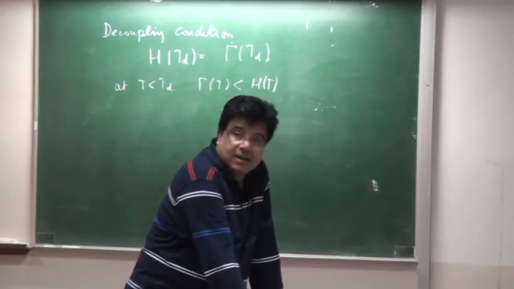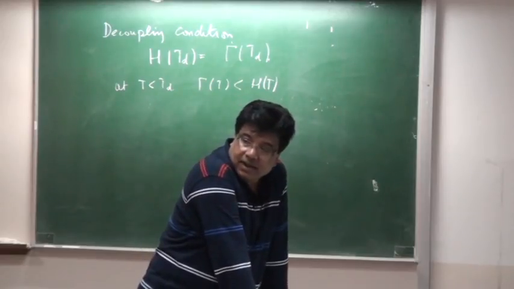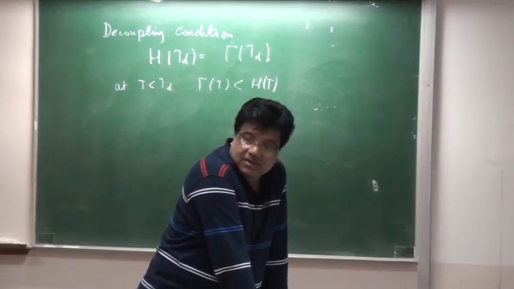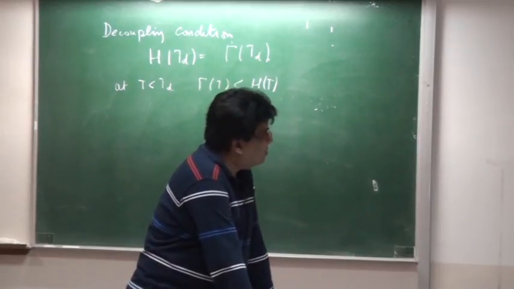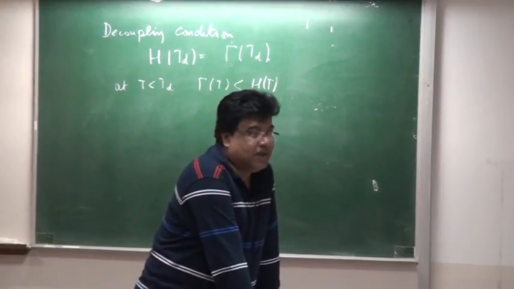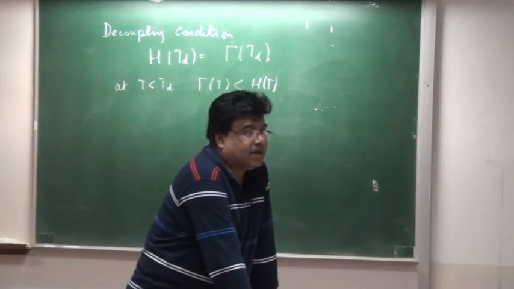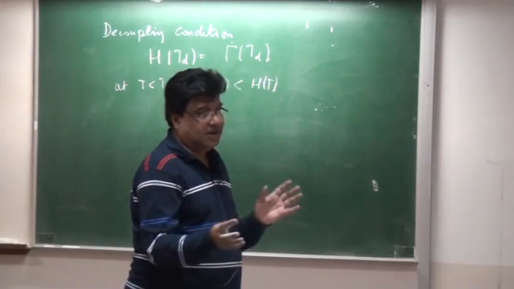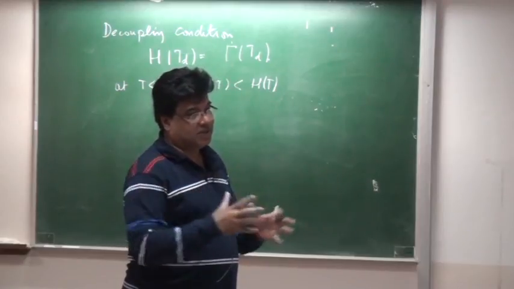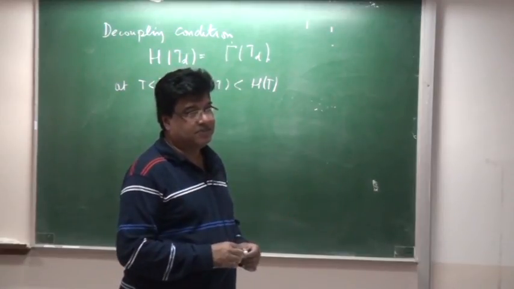At the decoupling, both the processes, reverse and forward, will freeze out. Freeze out means that the time scale of interaction is longer than the time scale of expansion, so the expansion is the more dominant process.